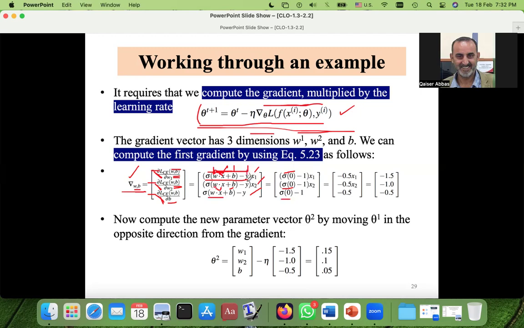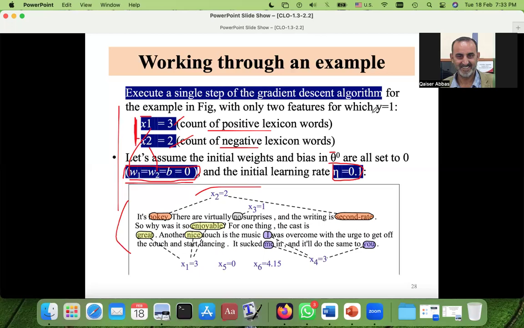And what is y here? It is given in the question, though I didn't mention it. Your y is 1. We are considering only two features, and the y available in the data set for that class is 1, so the value would be 1.